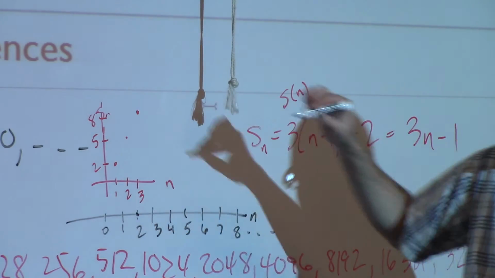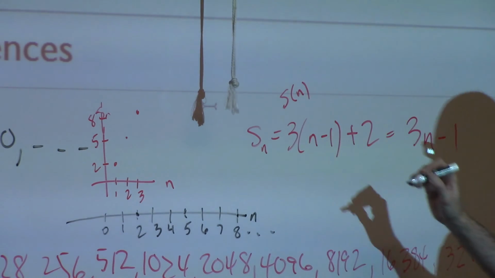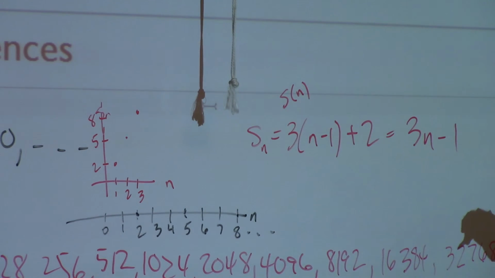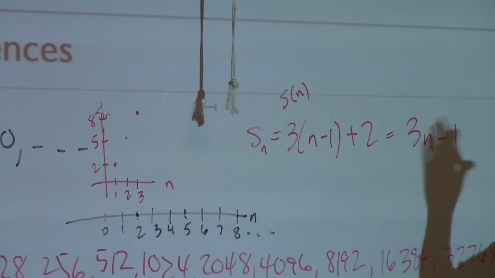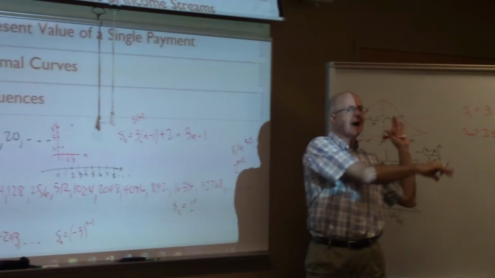First 2 pops into existence, then 5, then 8, then 11, then 14, etc. So you could imagine it as an animation, the points popping into existence as time goes by.